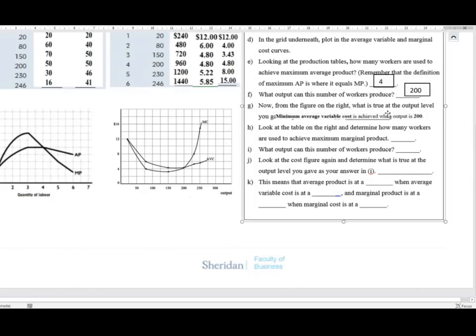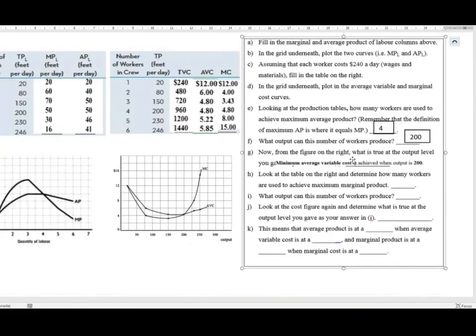Okay, so that's that. Look at the table on the right and determine how many workers are used to achieve maximum marginal product. So how can we get that from the cost diagram or the cost table? So after how many workers does diminishing marginal returns start to happen?